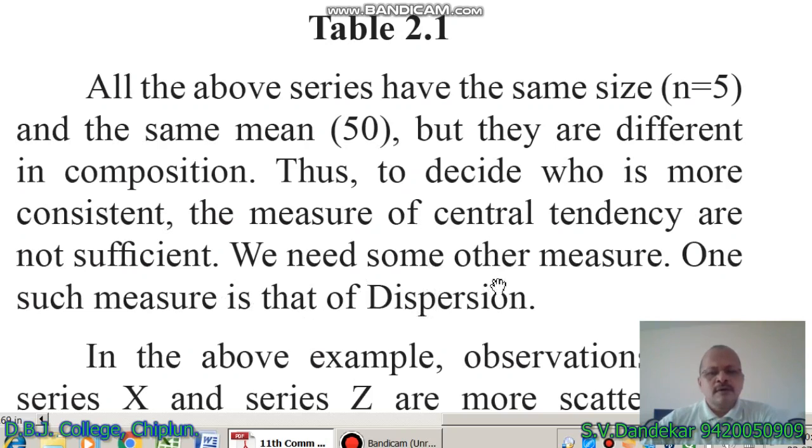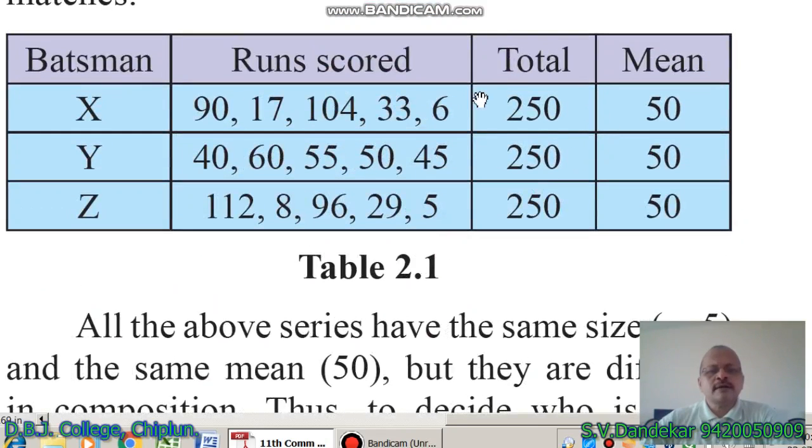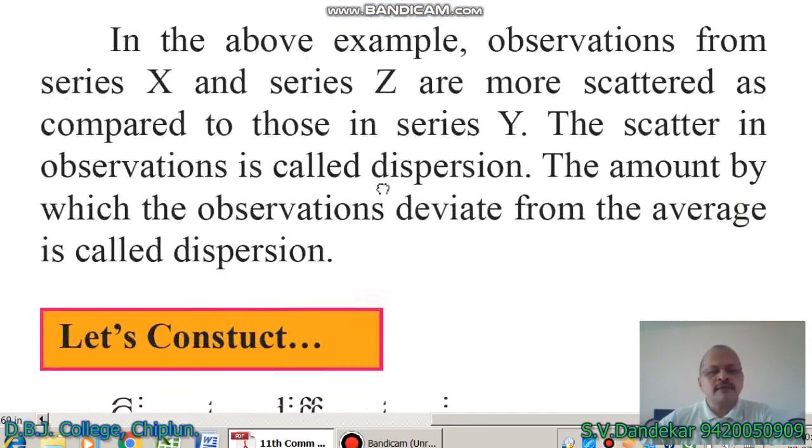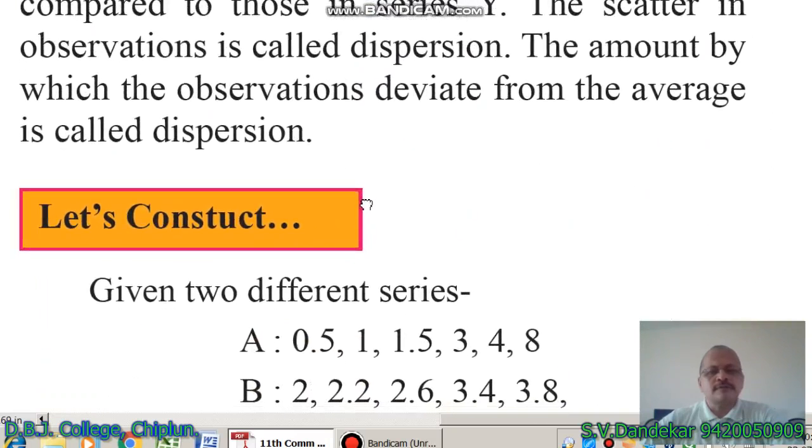This is the use of dispersion. Why do we need dispersion? To understand the composition of the given data, we need dispersion. So let us define dispersion.